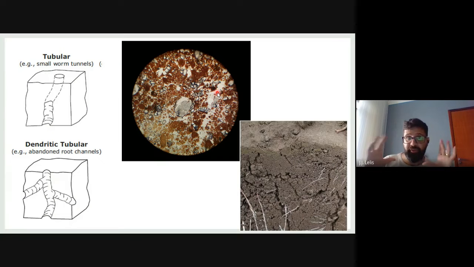Surface horizons present a very common type of void that is tubular and dendritic tubular.